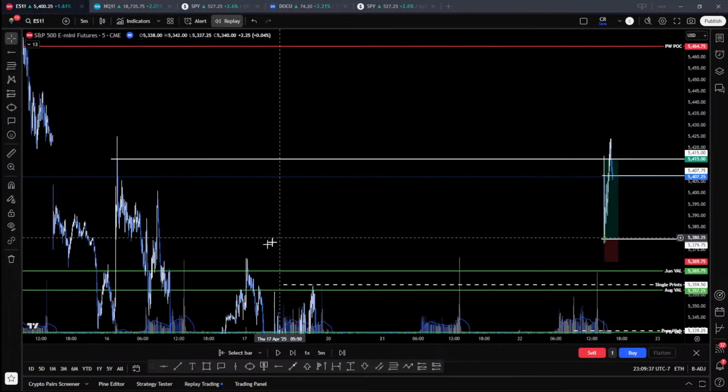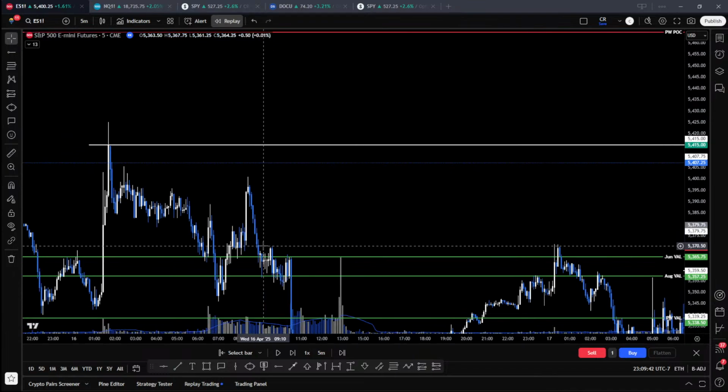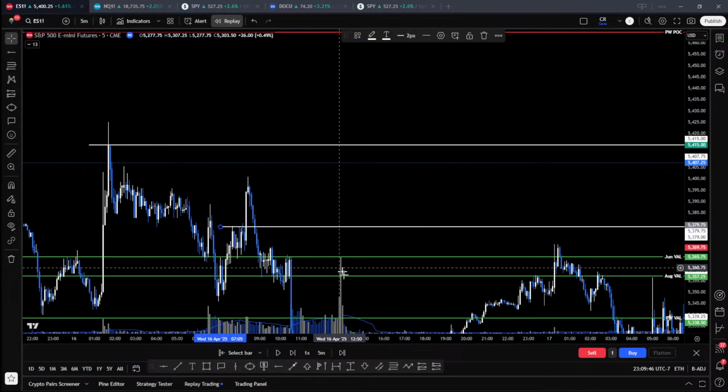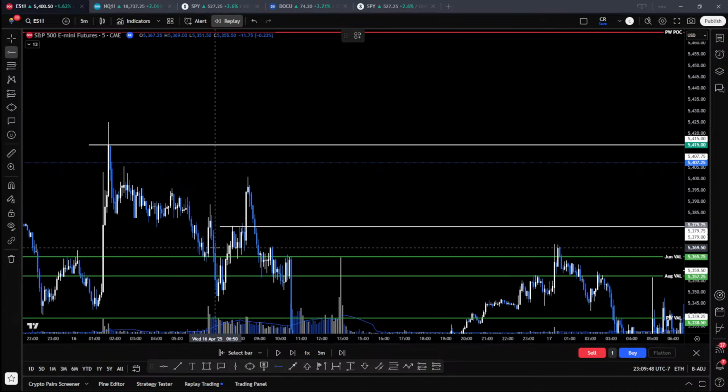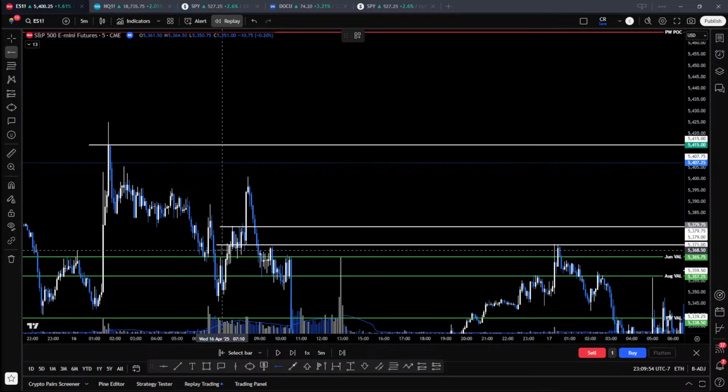For my stop loss, I would look left. My eyes kind of immediately go here and also go right about there. And hopefully that makes sense to you guys. You could go a little bit lower, like to the wicks right here.